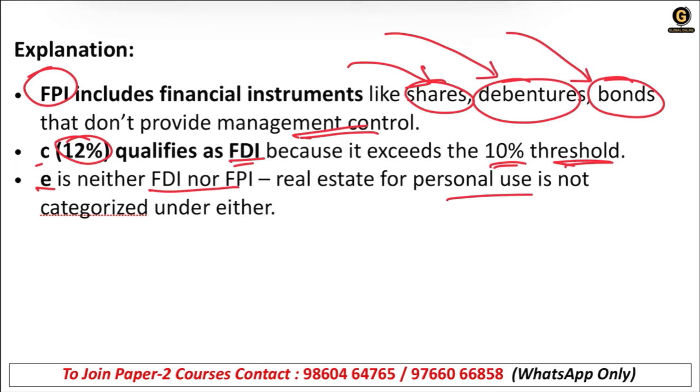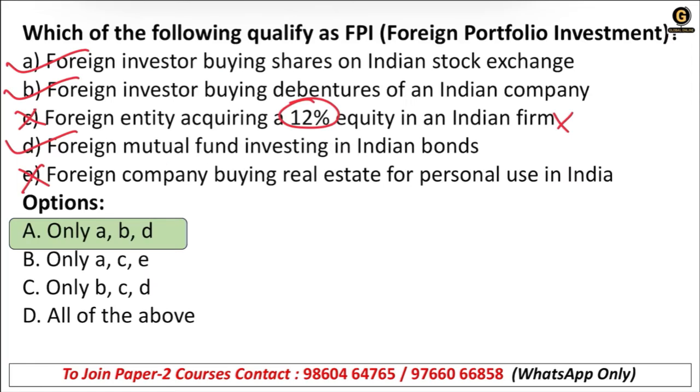Real estate for personal use is not categorized under either. Correct. See the question: foreign company buying real estate for personal use in India. Here, one thing is important: for personal use. It's not for business, it's not for investment, right? So it should not be considered as FDI or FPI.